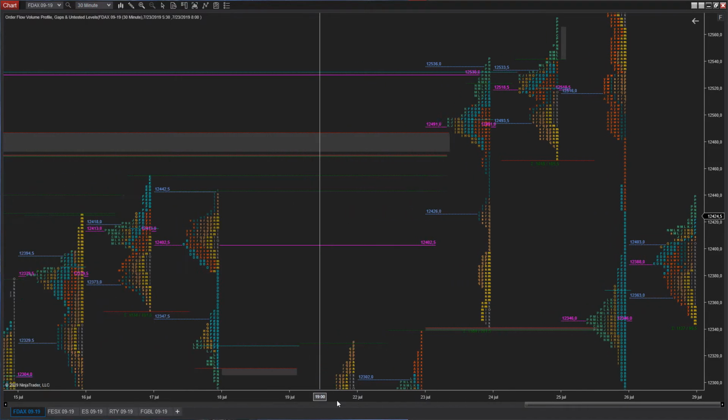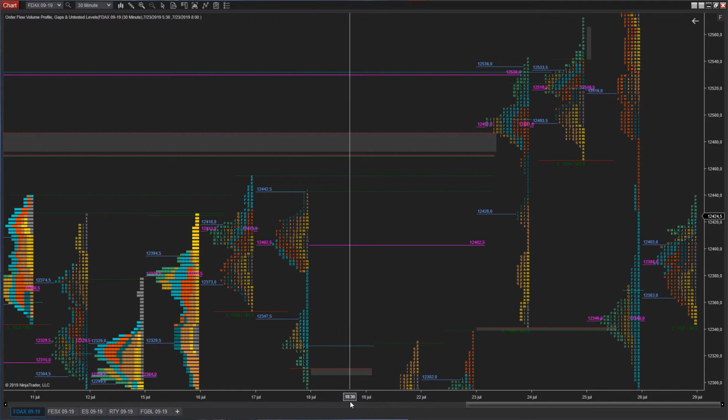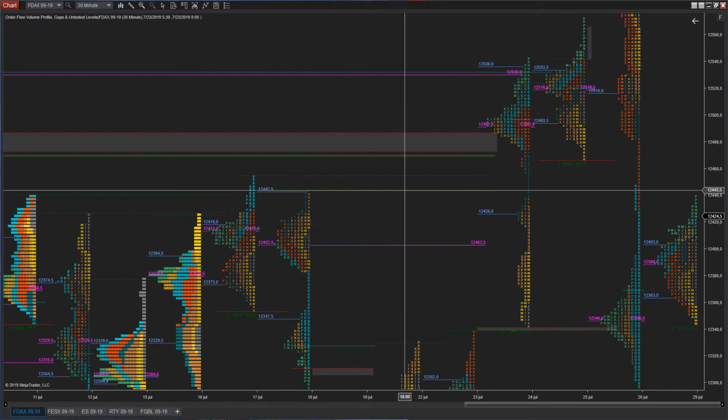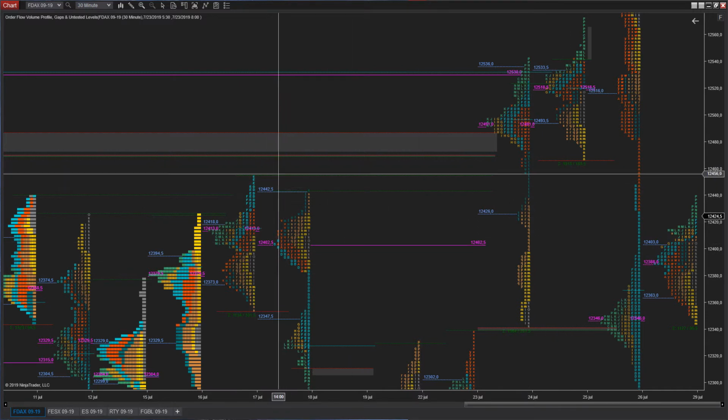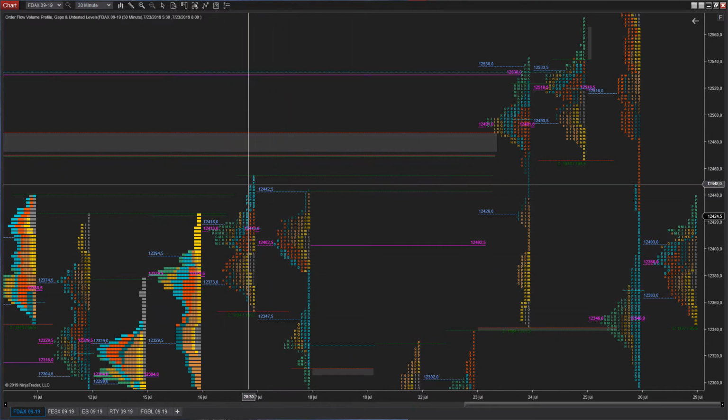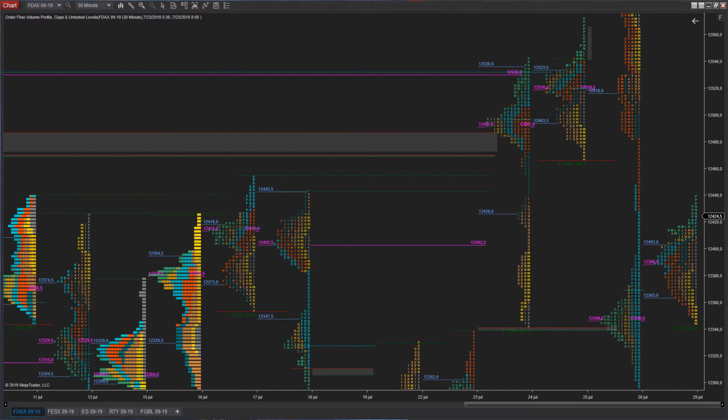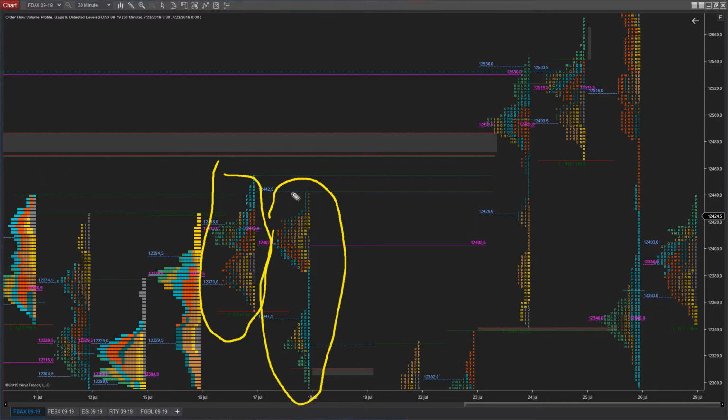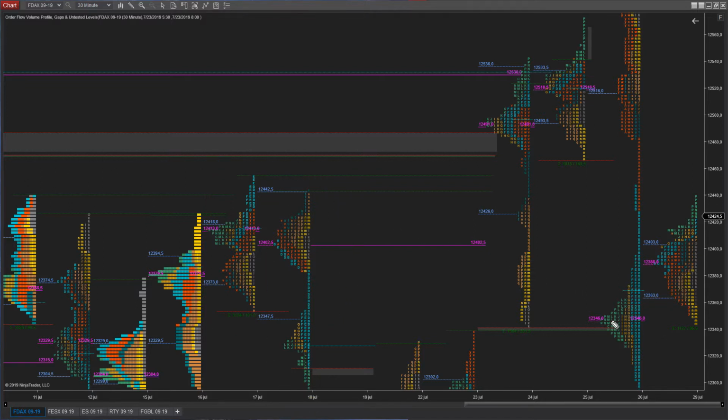I can even compress it a bit further, and it makes it possible to look at the last 15 days if you want on one screen, and it makes it rather clear where the high and the low was of each day, because for example this is one day, this is one day, so that is very easy to spot. And then with this additional indicator, the gaps and untested levels indicator, you get these additional lines as well, which makes it even easier.